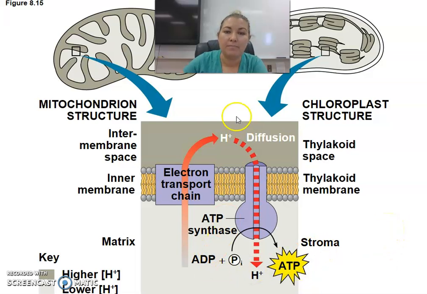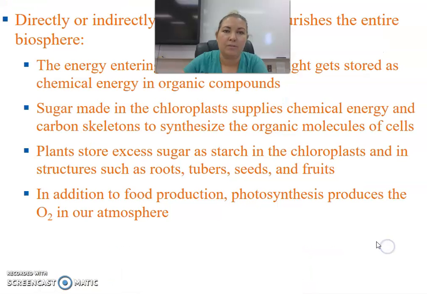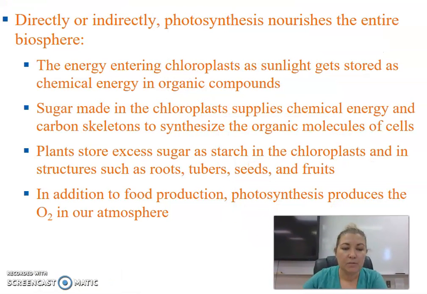But in both cases, these hydrogens passing through are what creates that energy that can then be used by the cell. So keep in mind, like we started this chapter talking about, directly or indirectly, photosynthesis powers and nourishes the whole world.